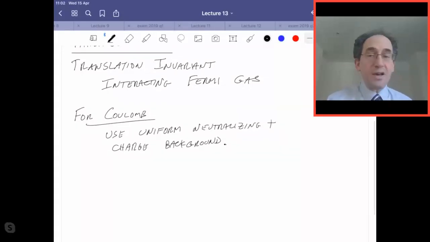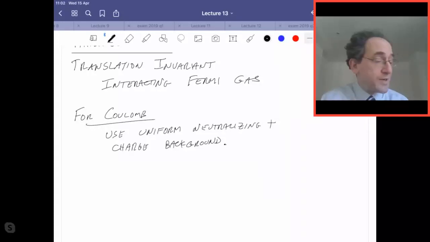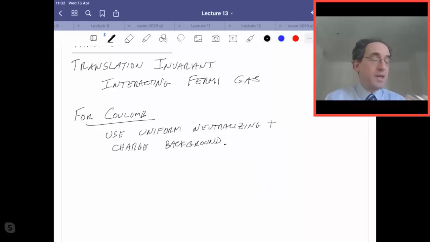This model of having interacting charged particles, interacting fermions like electrons, with a uniform background is known as the jellium model.